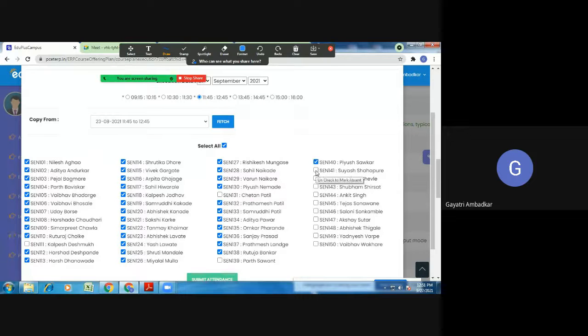Suyash. Anusha Shevle, Present, ma'am. Shubham Shisat. Ankit Singh, Tejas Sonavne, Present, ma'am. Solonu Sonkamre, Present, ma'am. Akshay Sutar, Present, ma'am. Abhishek Singale, Present, ma'am. Yajnesh Warpe.